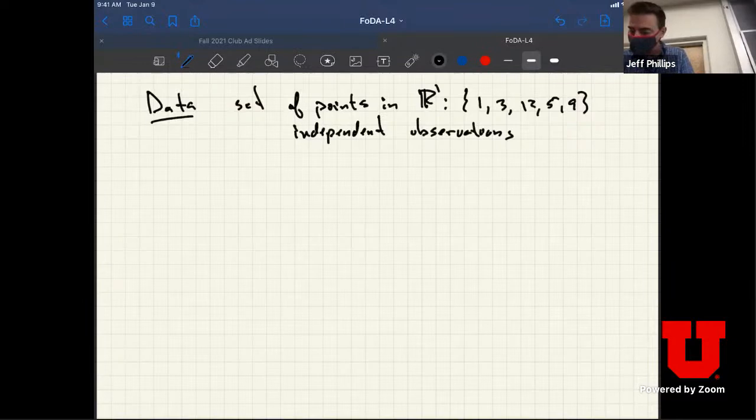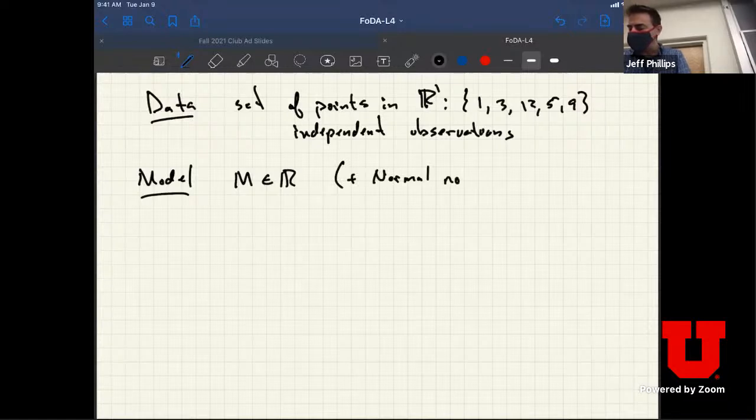Okay, and our model, I'll use uppercase M here, is going to be a point in R, plus normal noise. This normal noise function will be important.